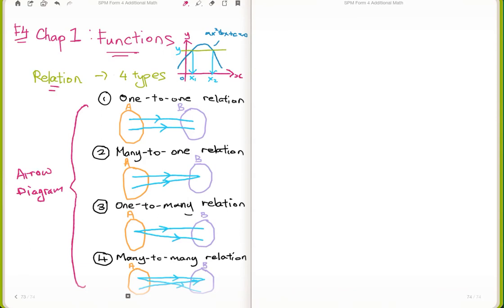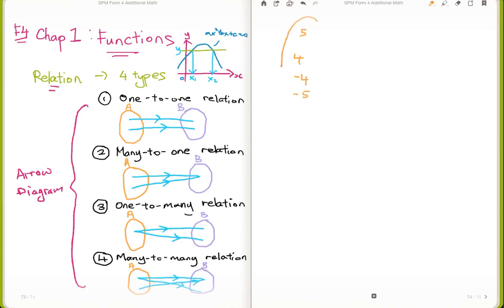Next, let's look at an example of how this appears in a real question. Say you have one set of numbers, 5, 4, -4, and -5.